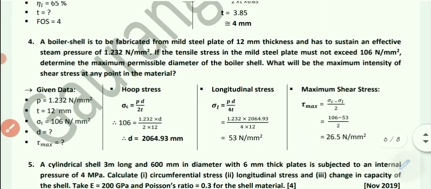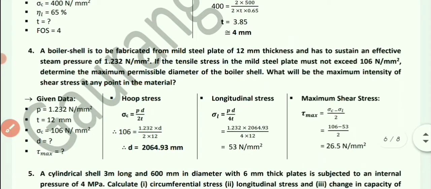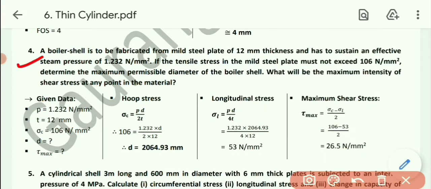Now moving forward, example number 4. A boiler shell is to be fabricated from mild steel plate of 12 mm thickness and has to sustain an effective steam pressure of 1.232 Newton per mm square.